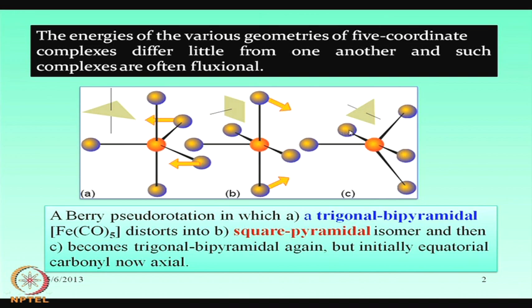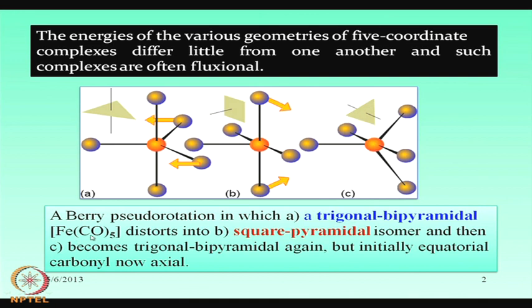So these two types of interchanges make it very difficult to identify which carbon monoxide molecule is axial and which one is equatorial in any spectroscopic measurement such as C13 NMR spectroscopy. So we get a changed trigonal bipyramidal geometry, but the geometrical pattern will be close to that of a new trigonal bipyramidal one.